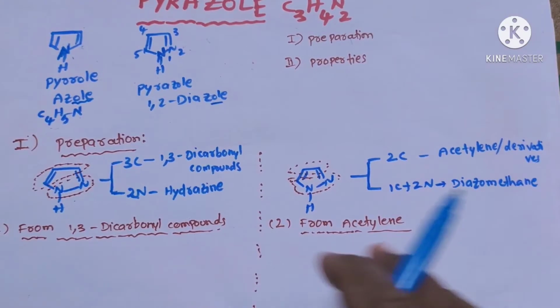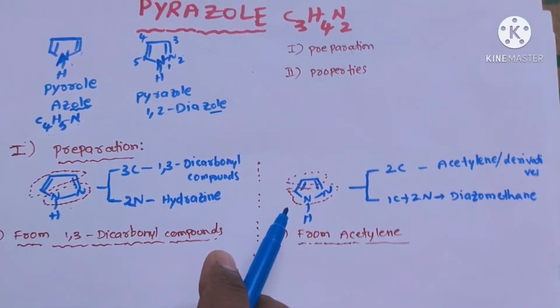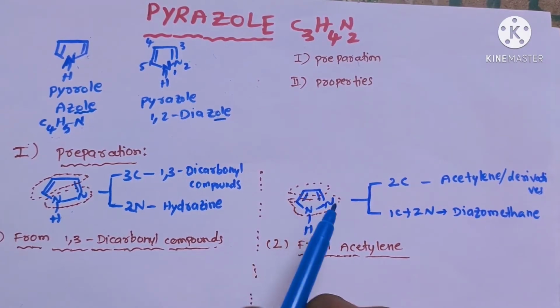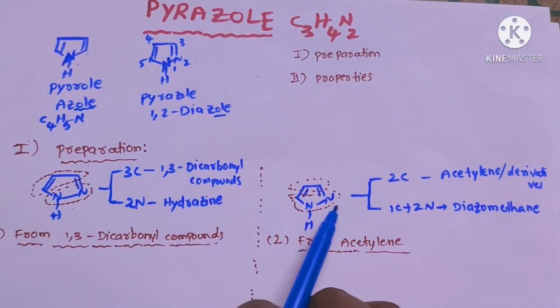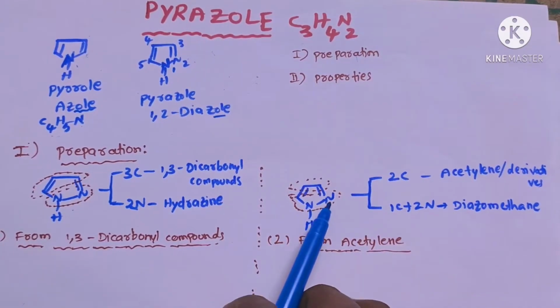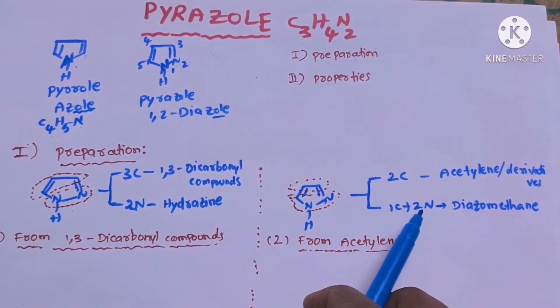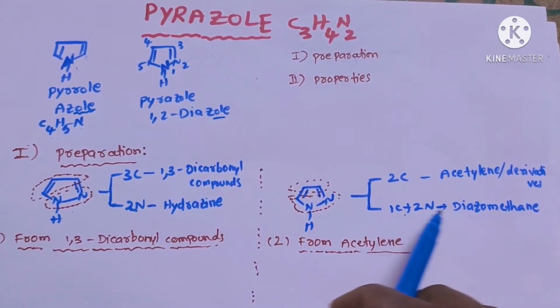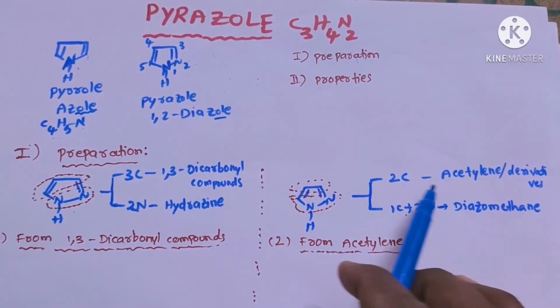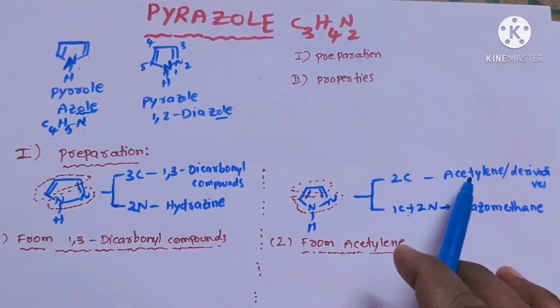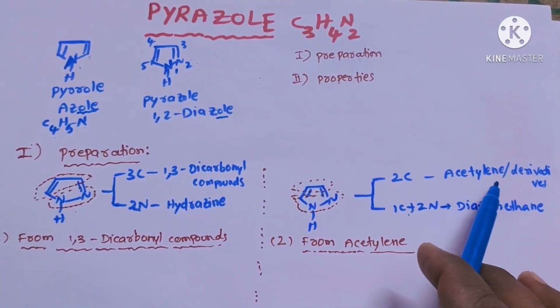Here, if we break the pyrazole molecule in this way, then two carbon atoms come to one side, and one carbon and 2 nitrogen atoms come to the other side. For the molecule in which one carbon and 2 nitrogen atoms are adjacent to each other, we take diazomethane, and for the compound that contains 2 carbon atoms, we take acetylene or acetylene derivatives.